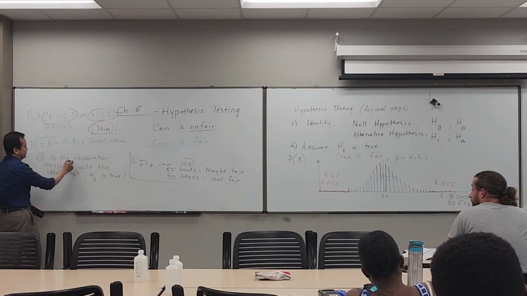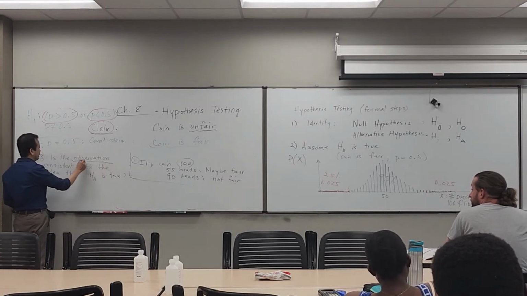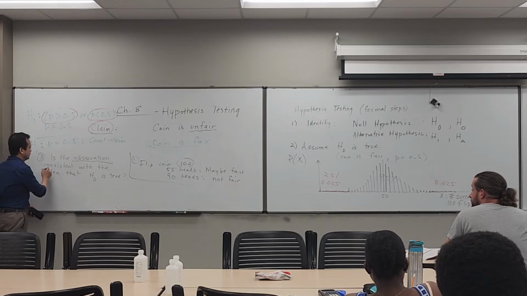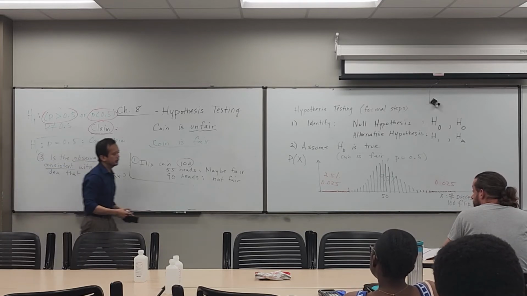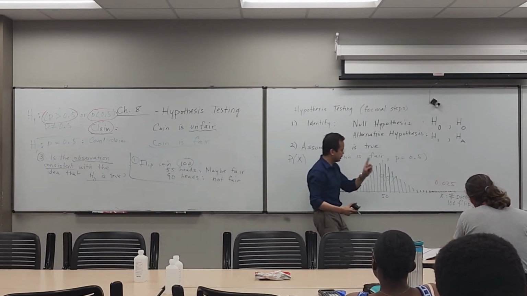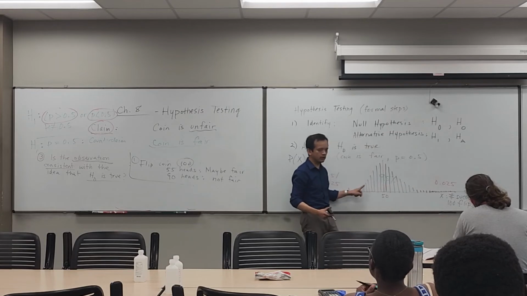So basically we have an observation or a data point, and we want to know whether it's consistent with the distribution representing the idea that H0 is true. So in the past, how would we determine whether a single observation was consistent with the underlying distribution?